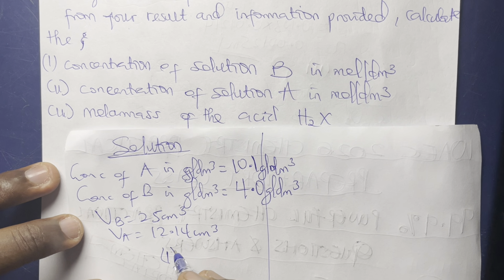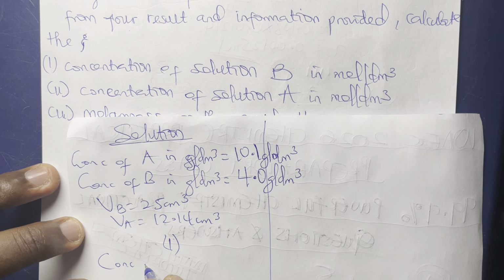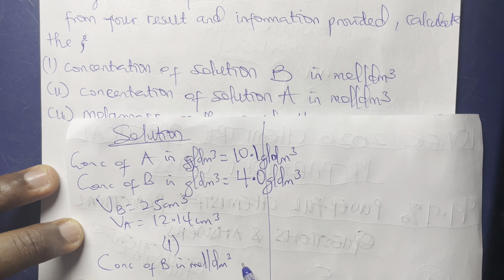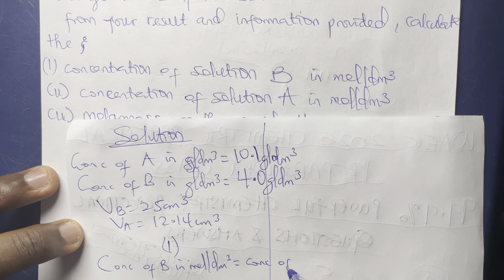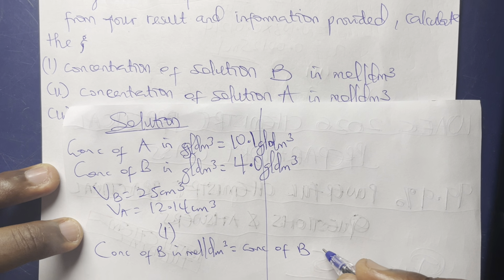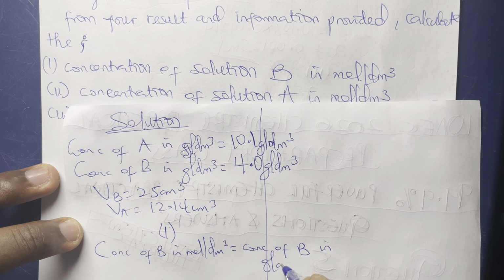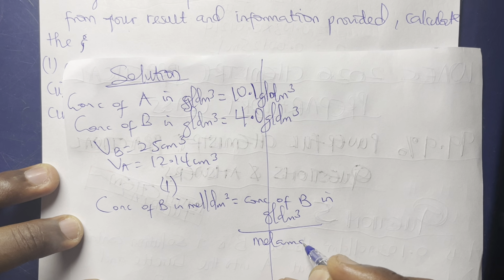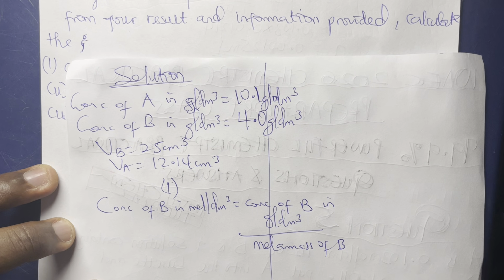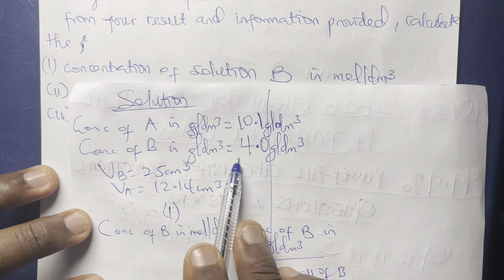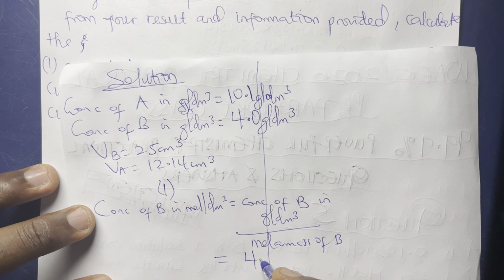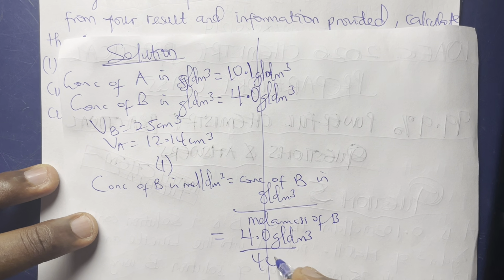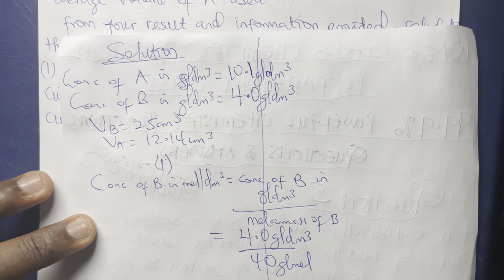So that will equal the concentration of B in gram per dm cube all over the molar mass of B. The concentration of B in gram per dm cube is 4.0. The molar mass of B, sodium hydroxide, is 40.